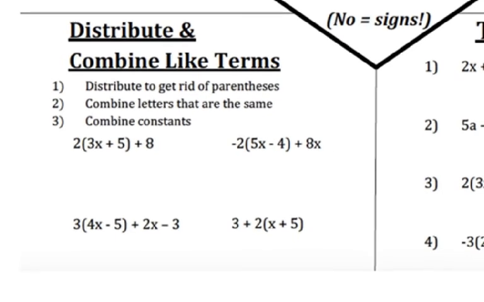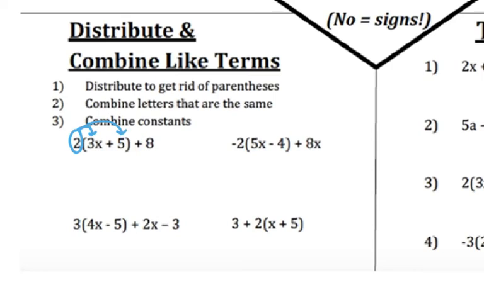Let's make this a little smaller. Okay, so in this one here, step 1, distribute to get rid of parentheses. I'm going to circle, and I'm going to send an arrow to both. So what we have is 2 times 3. Notice my arrow is only going to the numbers in the parentheses, not this guy out here, just the ones inside the parentheses.